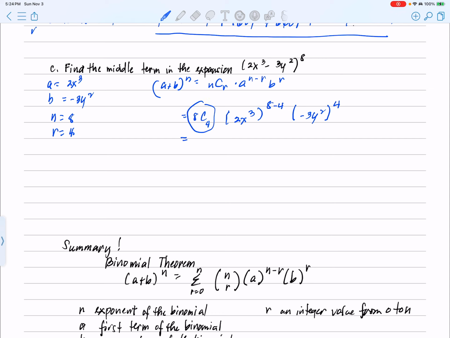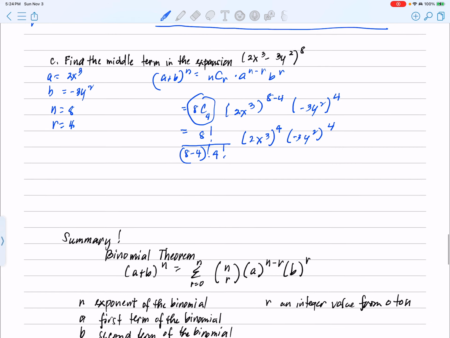So how do we write 8 choose 4? 8 factorial over 8 minus 4 factorial times 4 factorial. Okay? Then we have 2x to the third, 8 minus 4 is 4, and negative 3y squared to the fourth.